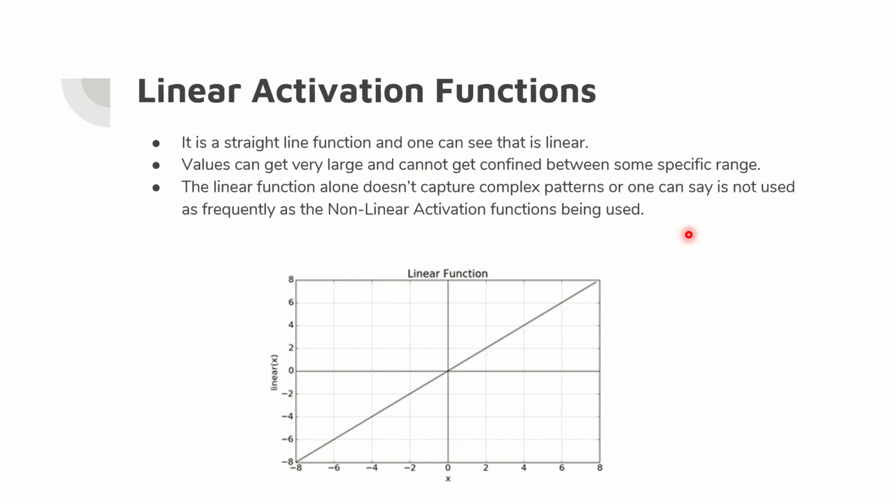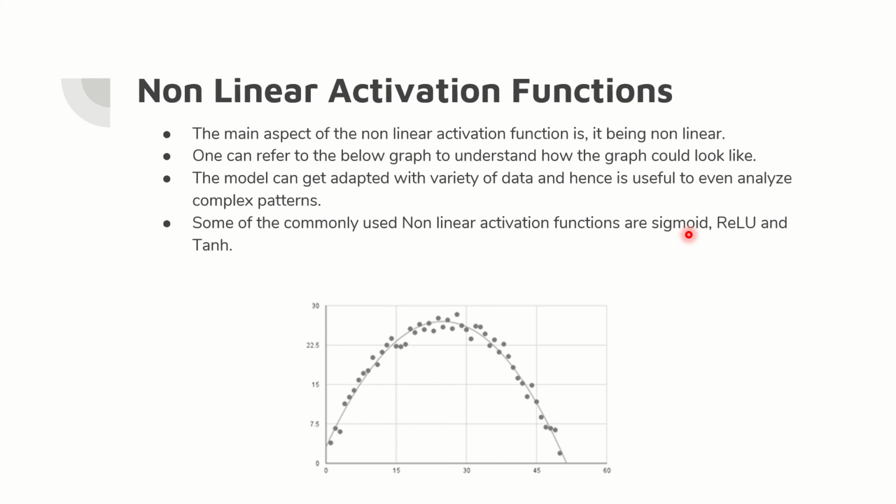So what is a non-linear activation function? Very simple. The curve looks like this. You can see that this is called a non-linear activation function. The aspect of it being non-linear is very specific, and it gives us a lot of value. What is it? The model can be adapted very easily for handling a variety of data points, and it can analyze complex problems. What do you mean by that?